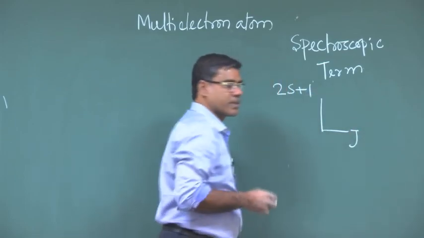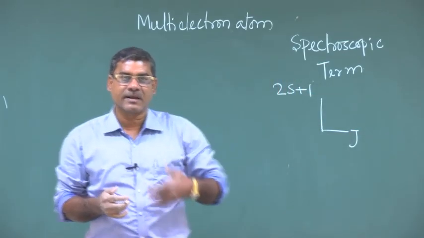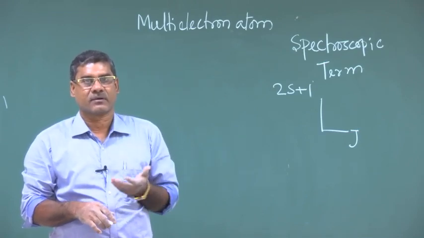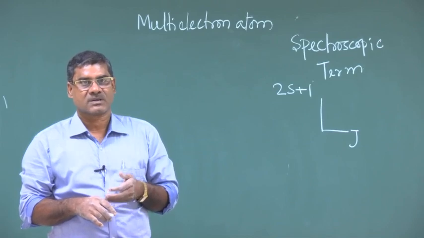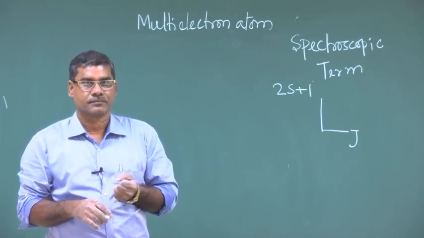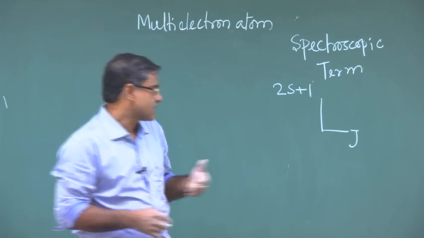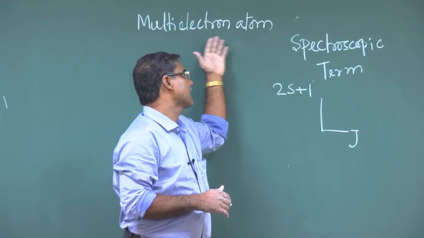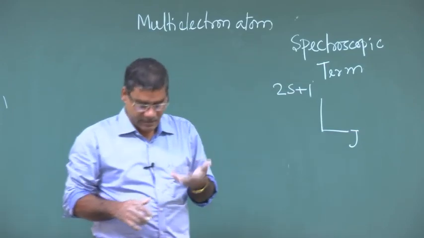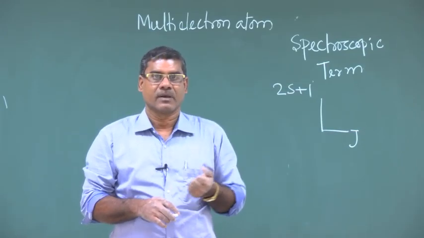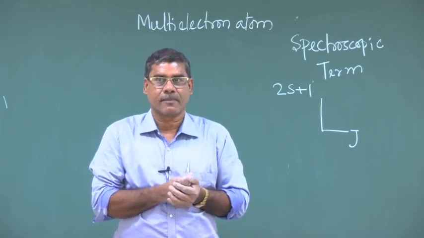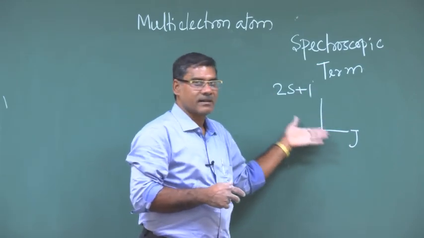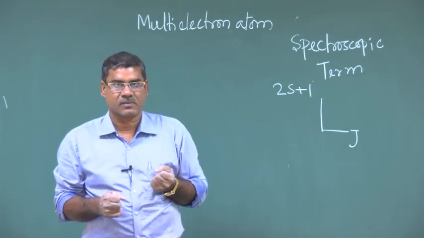That was the spectroscopic term, which basically represents the state of the electron, or the state of the atom. Earlier I told the state of the electron for a single electron system. Now, for a multi-electron atom, I can say it tells the energy state the atom is in. So, this will tell the atomic state.